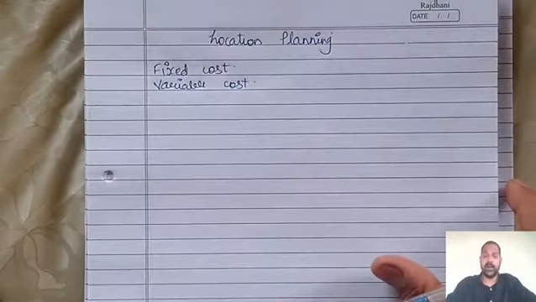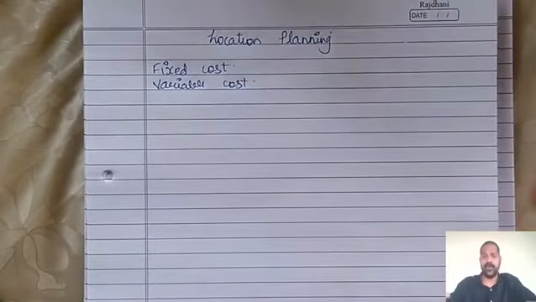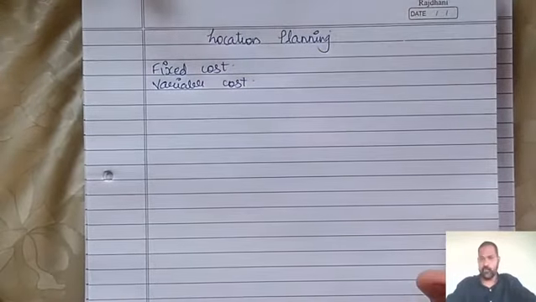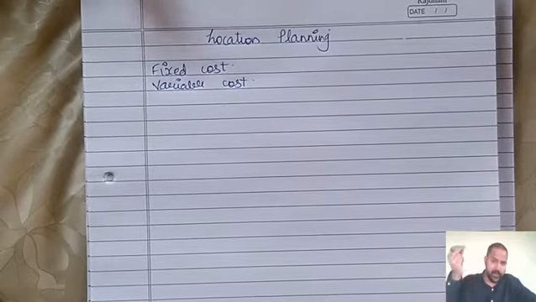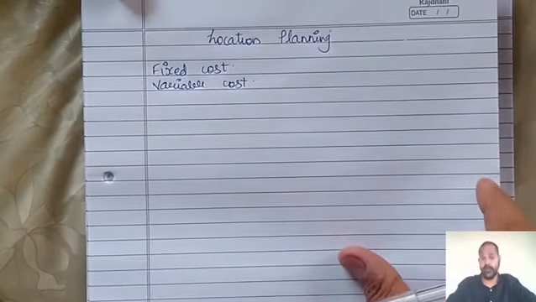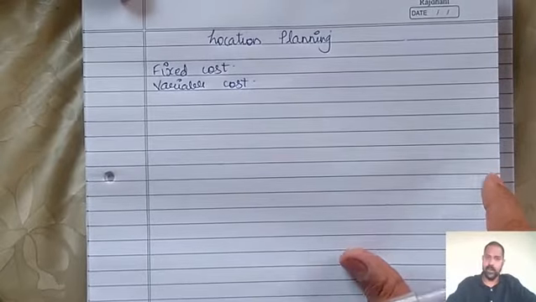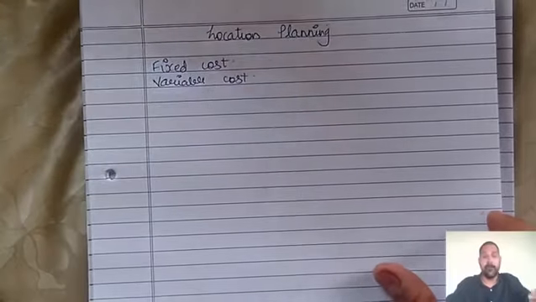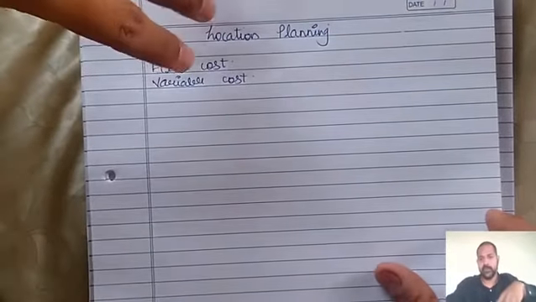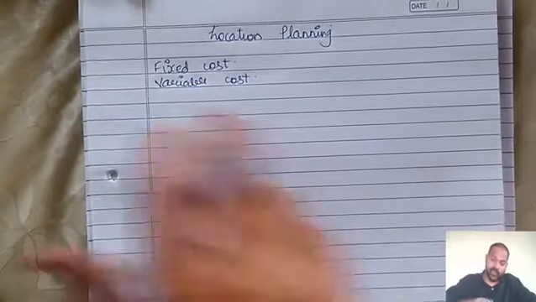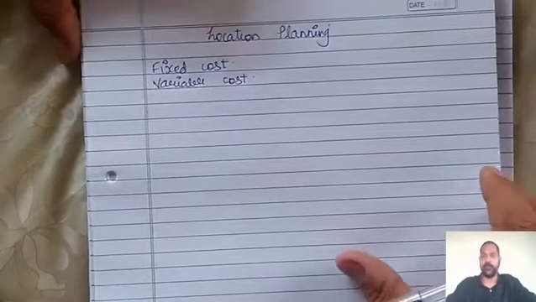I'm talking about a condition where it is a production plant, where if I'm not producing, everything can be shut. So you shut off everything for a month. Is the meter reading going to run? No. If the meter reading doesn't run, then you don't have to pay the extra electric bill. So electric bill is something which is a variable cost. You use it, you pay. It's also called pay per use. Per use, pay. So every unit you use, you will pay. While this is fixed, this you will have to pay.